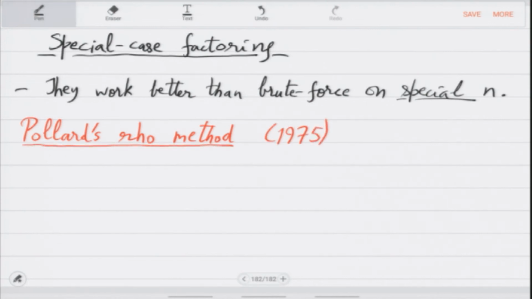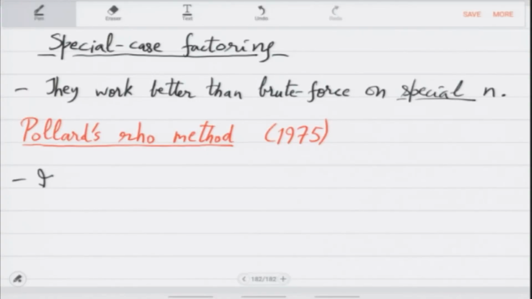What does it do? So suppose one of the prime factors p of n is moderately small. You want to use that fact. Obviously, if you enumerate numbers from 1 to p, then it will take p steps. But can you do better than p? That is what Pollard's rho method does.